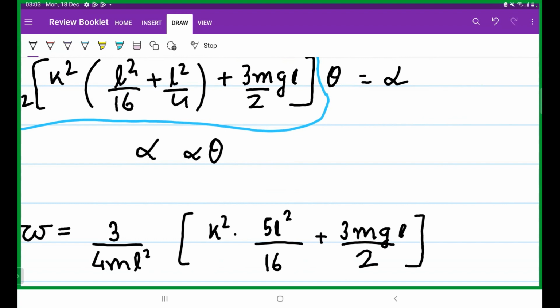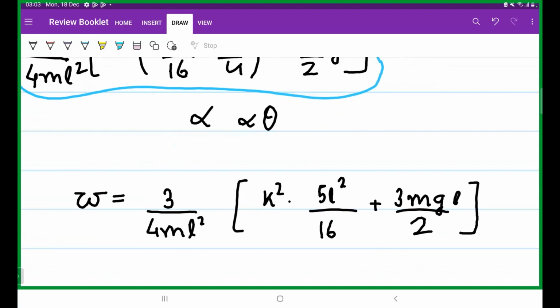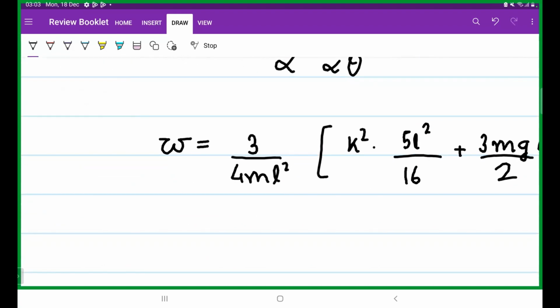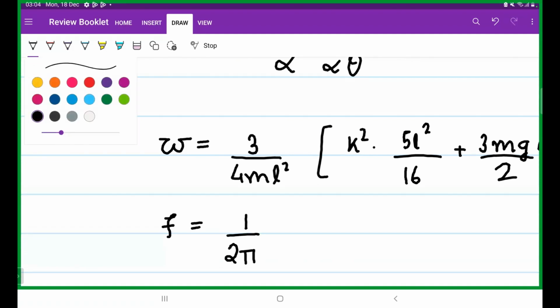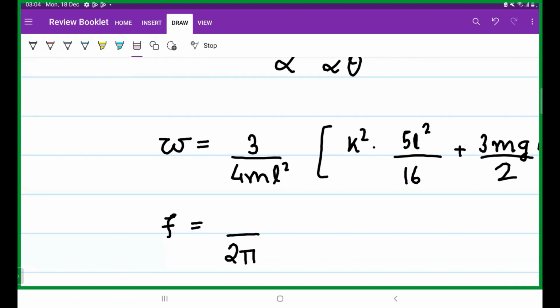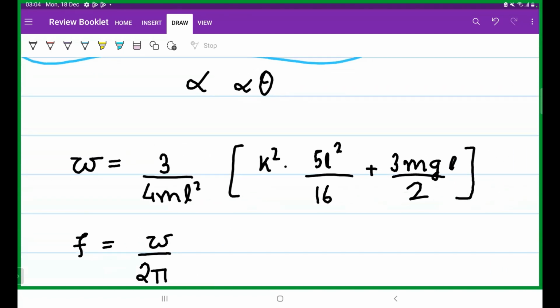Yeah, that's it. And we have been asked to find the frequency, right? So the frequency f is equal to omega by 2 pi, right? So we will just put the omega over here.